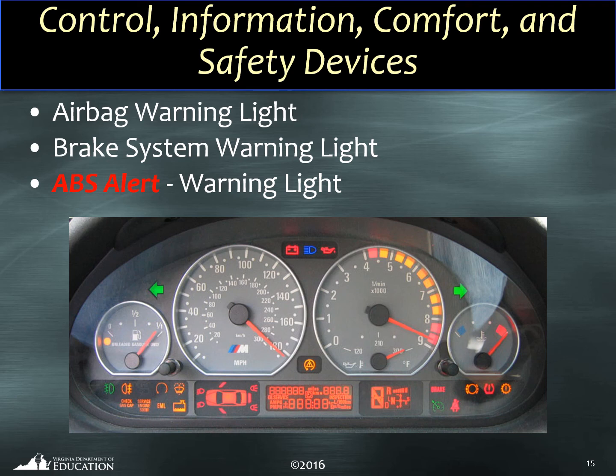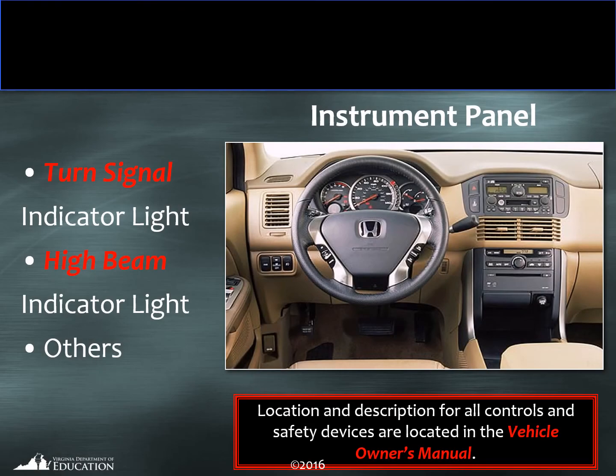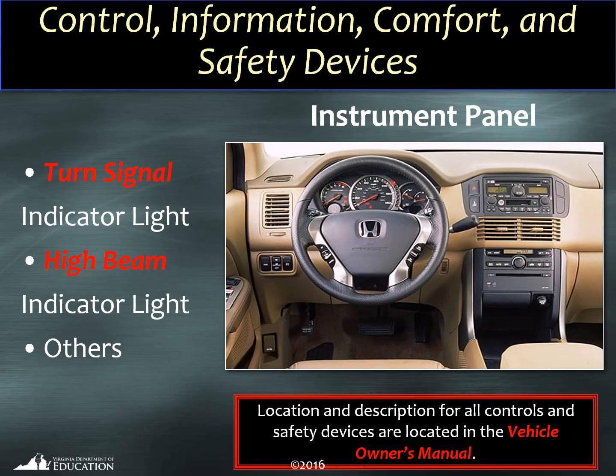And then that'll take about 2 seconds, and then it's going to turn off, but your car is still going to run. This is part of what happens when you turn on your vehicle. Everything is illuminated. Okay, so you have your turn signal, which we've talked about, which 9 chances out of 10 is going to be on the right, and then your high beam is going to be on the left.